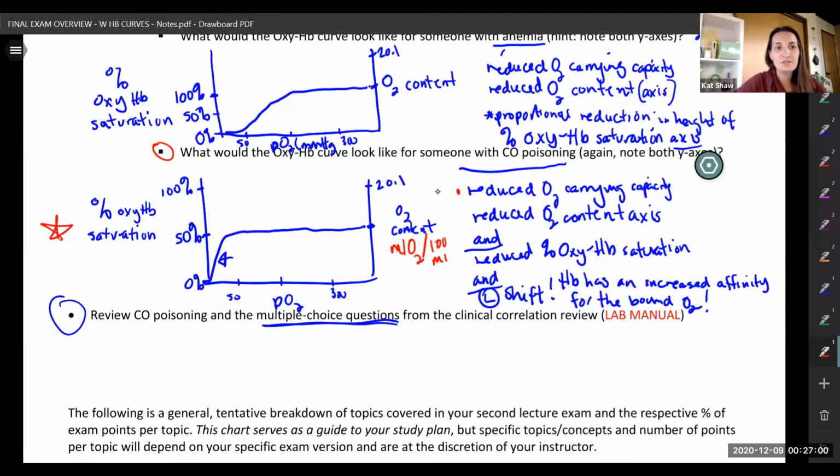And that's going to be shown here in terms of the percentage of the hemoglobin that's capable of carrying oxygen. So if we're at 50% saturation of hemoglobin with CO, so let's say COHb is at 50%, that means we're at 50% oxyhemoglobin, right? 50-50.